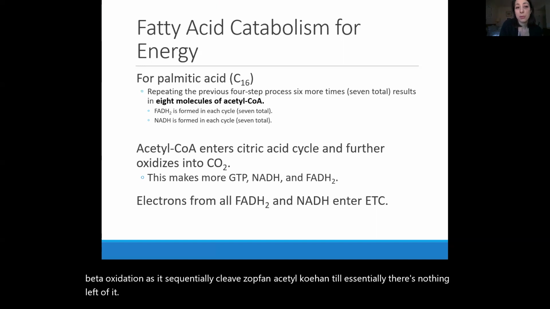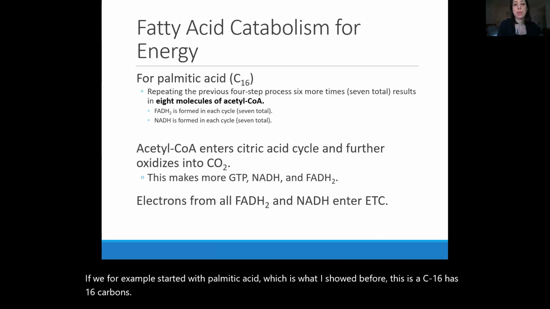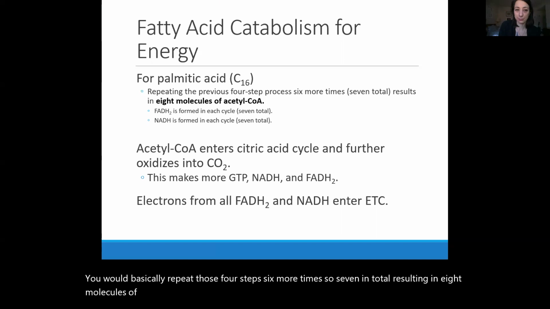If we, for example, started with palmitic acid, which is what I showed before, this is a C16, has 16 carbons. You would basically repeat those 4 steps 6 more times, so 7 in total, resulting in 8 molecules of acetyl-CoA.